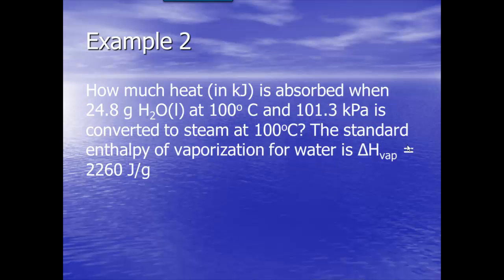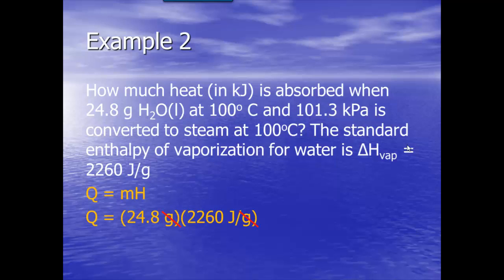So again, I'm going to use the new formula, Q equals mH. I'm going to substitute in the 24.8 grams is the mass of the liquid water, and that gives you the standard enthalpy of vaporization for the water. That's the H value. You've got some units that will cancel out here, the grams with the grams. You're going to multiply everything side by side there, and you're going to get a really big answer.